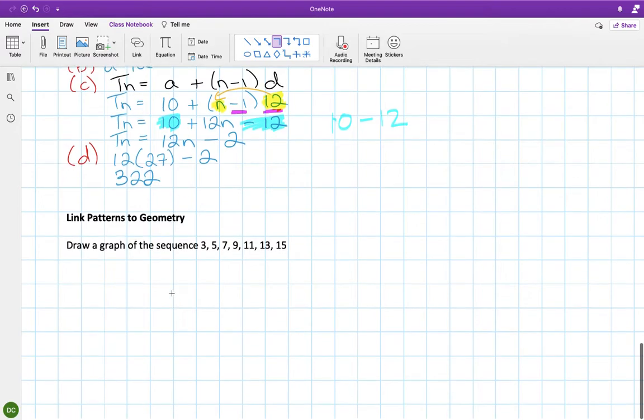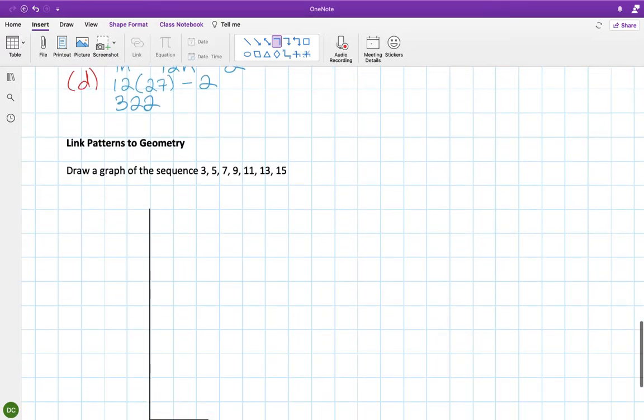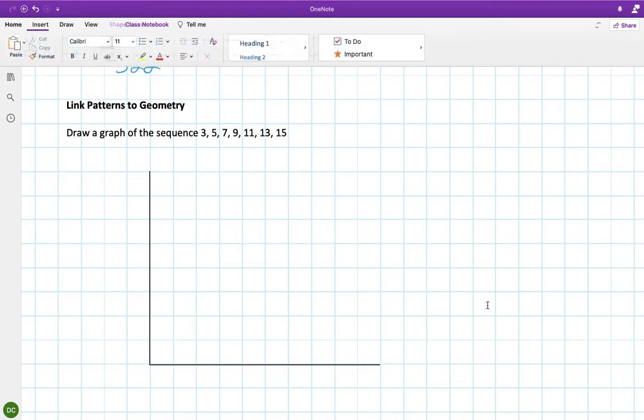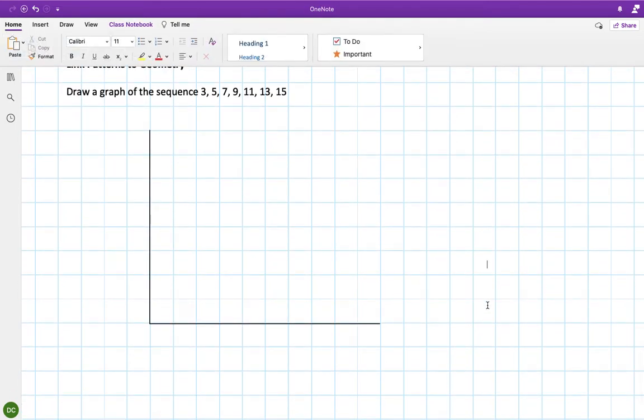So 2, 4, 6, 8, 10, 12. Okay. So now across the bottom of this graph, we put the term.